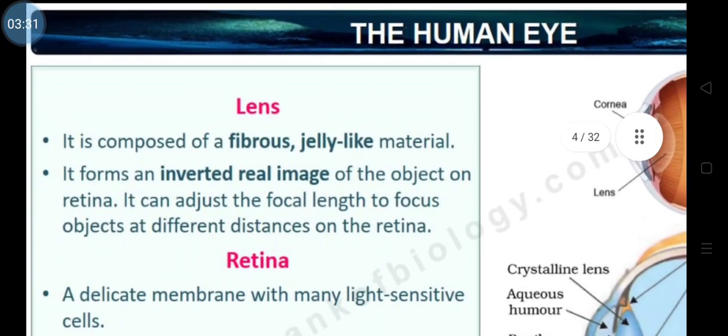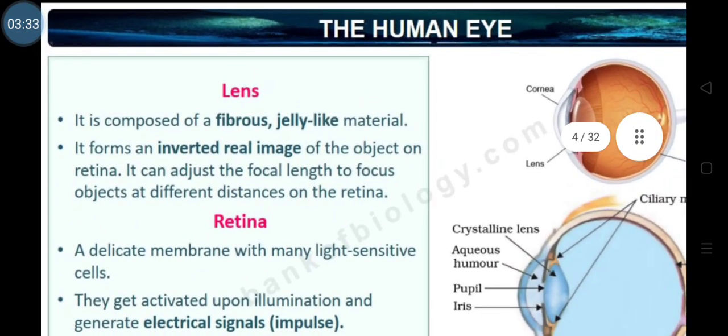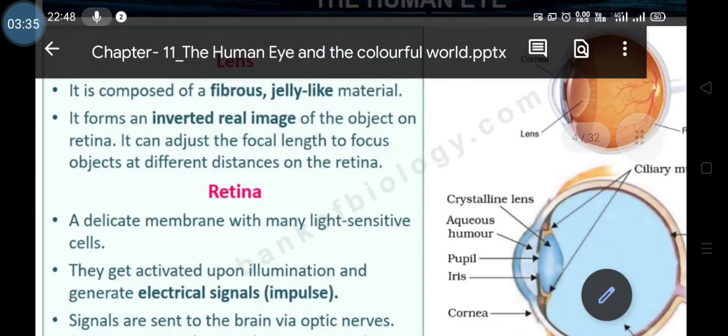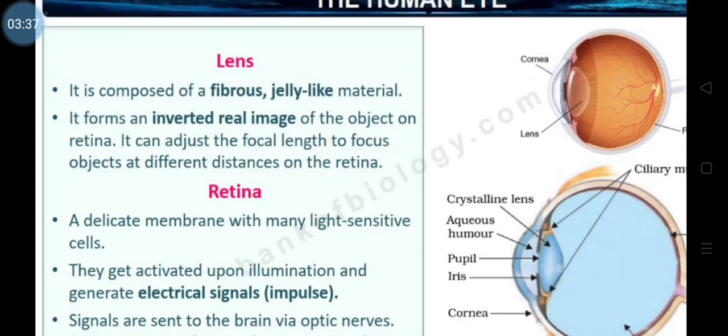And next the lens. So what kind of lens is found in human eyes? Here it is a fibrous and jelly-like material present in the lens. It forms an inverted real image of the object on the retina. So very important: what kind of image is formed on the retina?